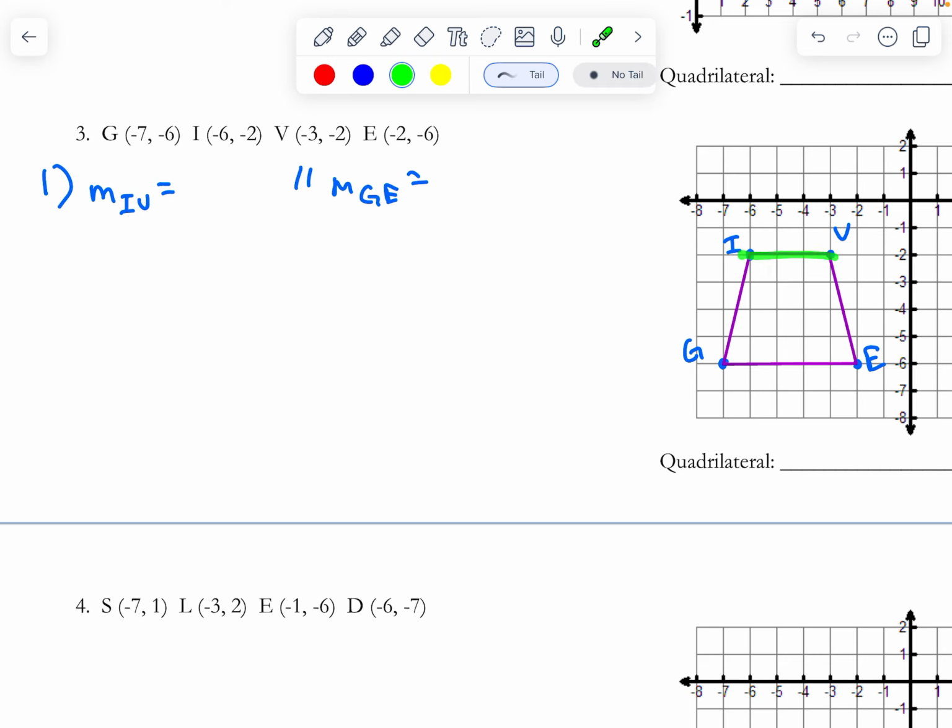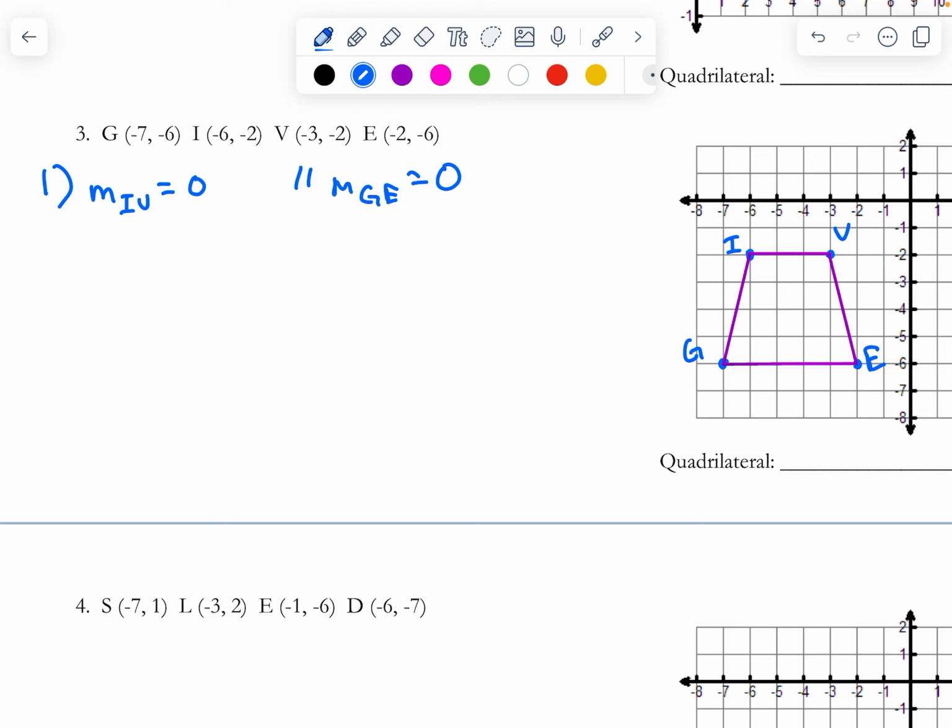IV, remember that for a horizontal line, being 0 over 3 and 0 over 5, these are both going to have a slope of 0. Right, horizontal lines, remember, if you're walking on a plain ski slope with skis, you're having no fun. So this is 0 slope.